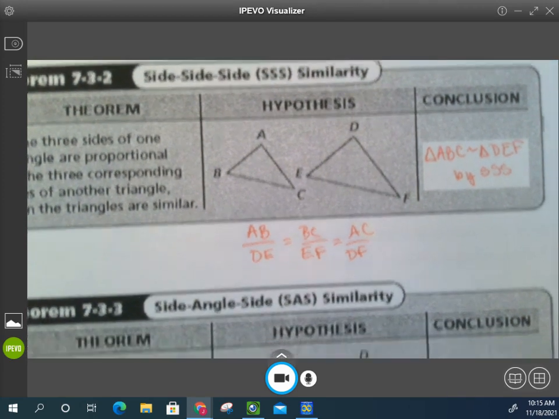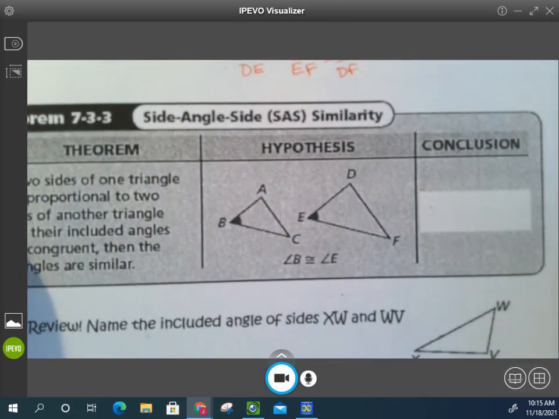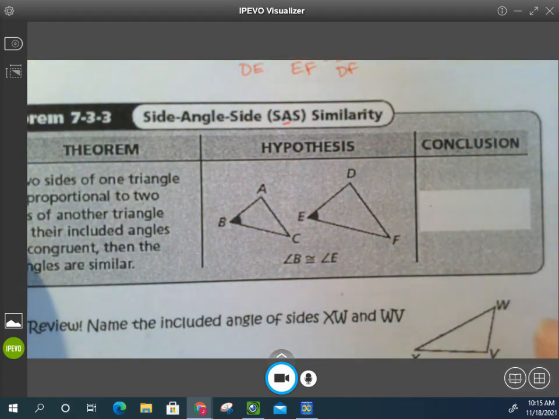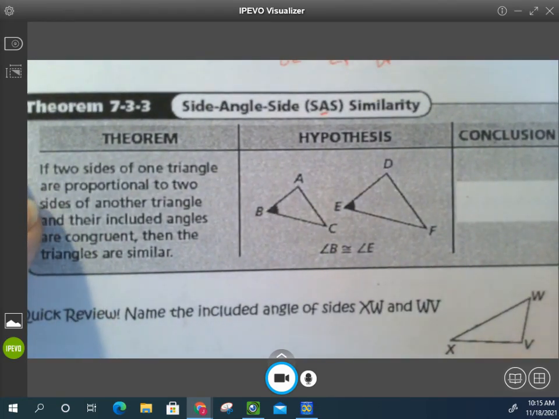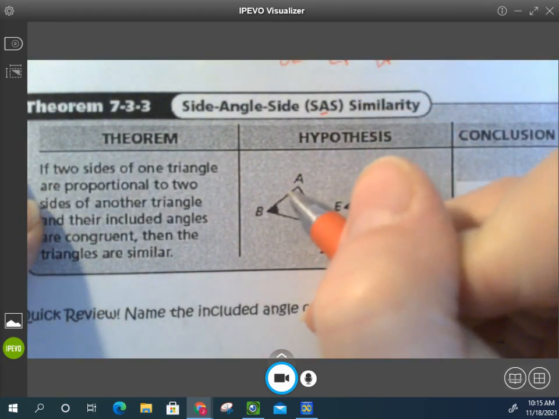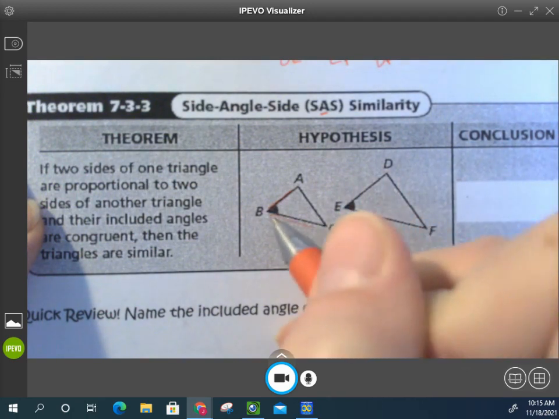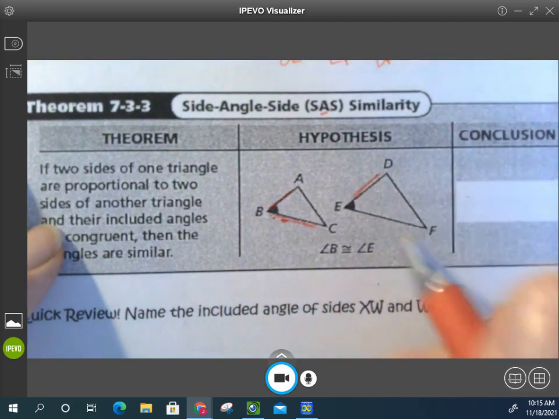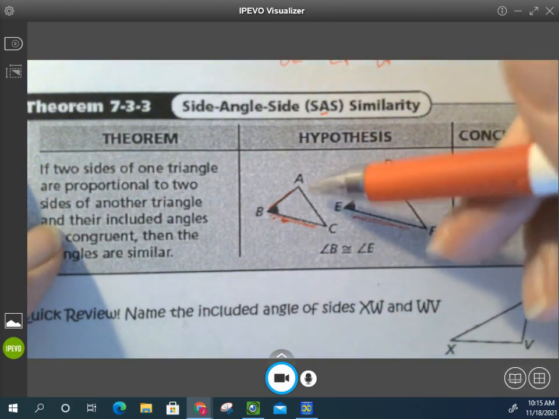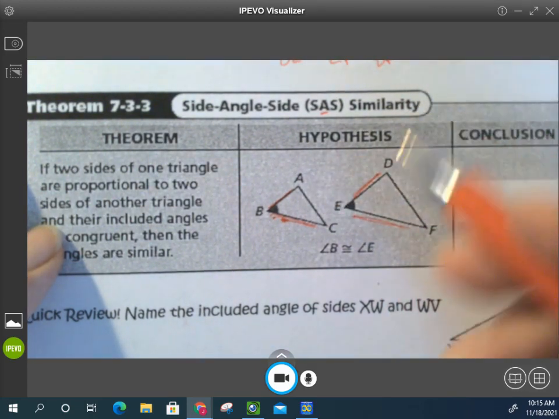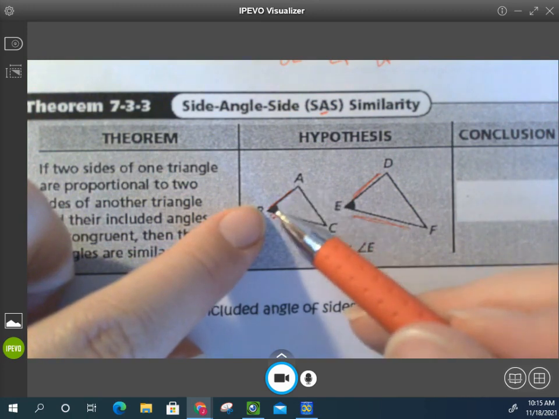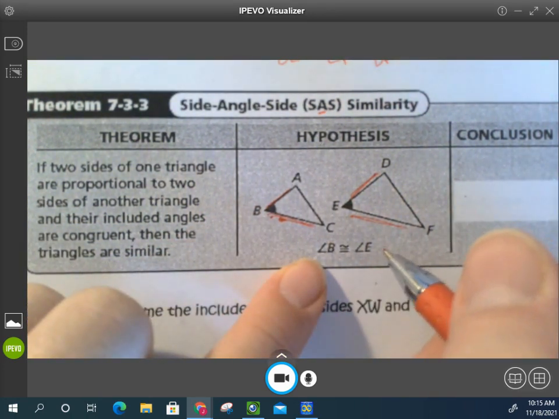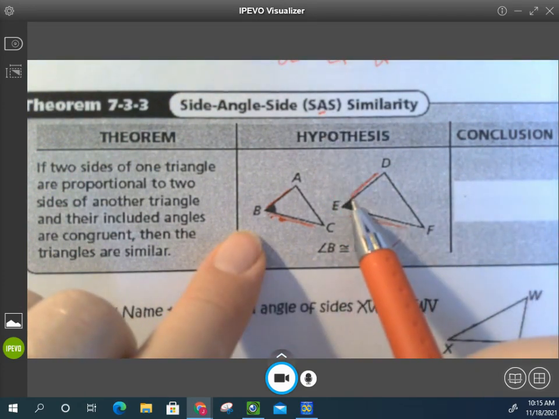Okay, last one, side, angle, side. Now, this angle is still that included angle. So when I say side, angle, side, it says if 2 sides of one triangle, AB with BC, are proportional to 2 sides of another triangle. So I cannot use AC in this mix because it has to be an included angle. It has to be between these, okay? Now, if the angles are congruent, I get one congruent angle, and it's included, that's one check.